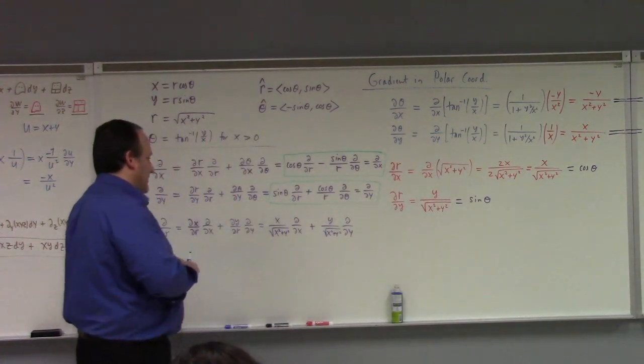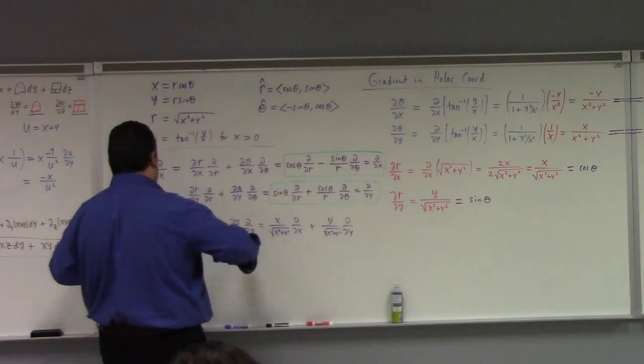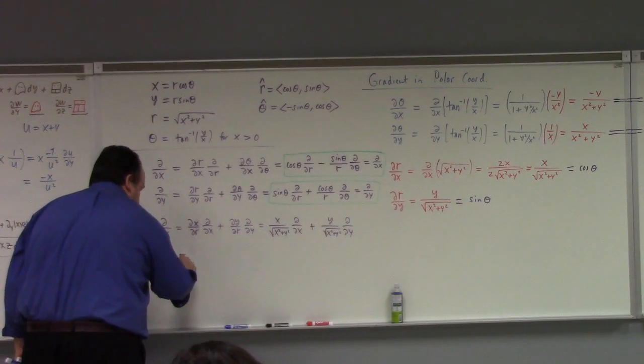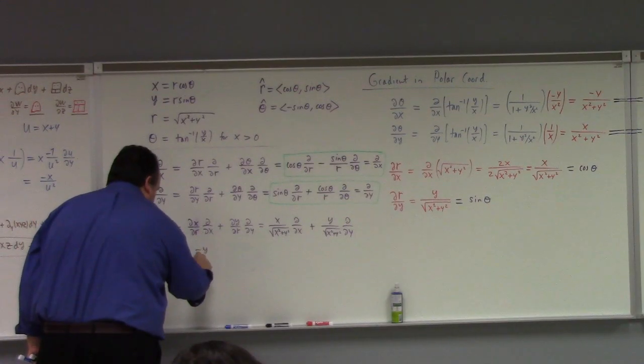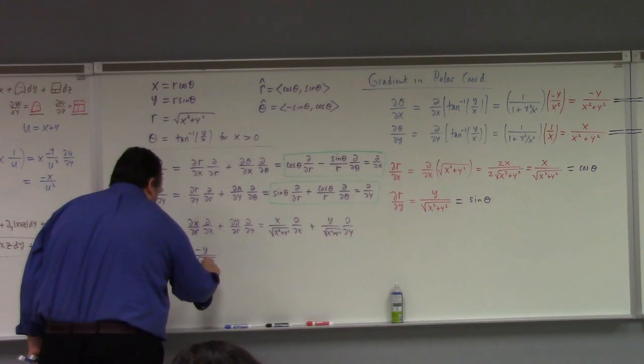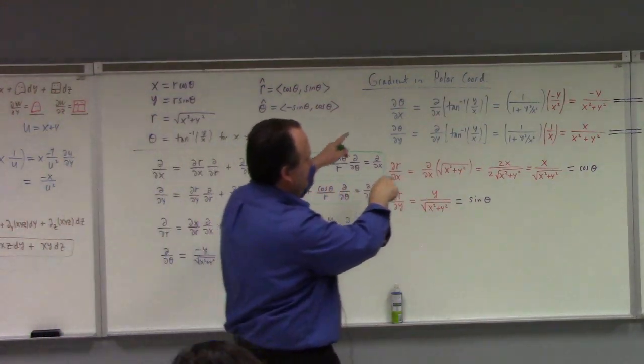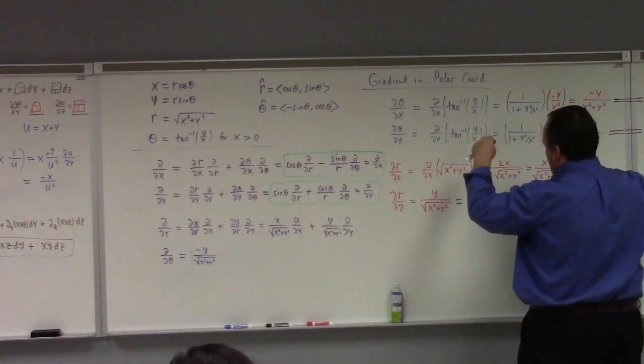I think that would be sort of the analog of this, and partial theta, on the other hand, works out to minus y over the square root of x squared plus y squared. Oh, my bad. Not that, but it's here.